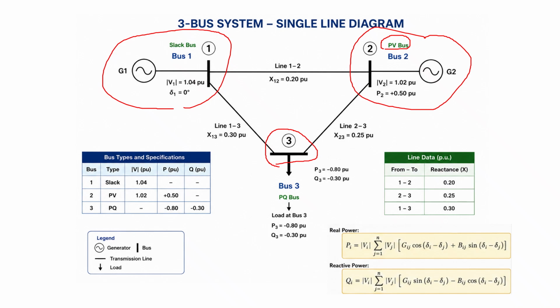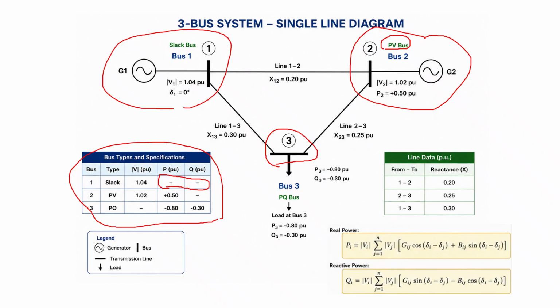The general specification for our system is given here in the table. We have a slack bus where the voltage is given as 1.04 at 0 degrees, and the magnitudes of active and reactive power will vary based on the power mismatch.